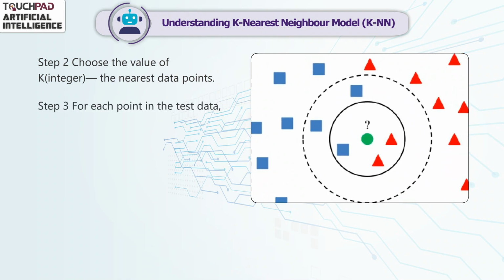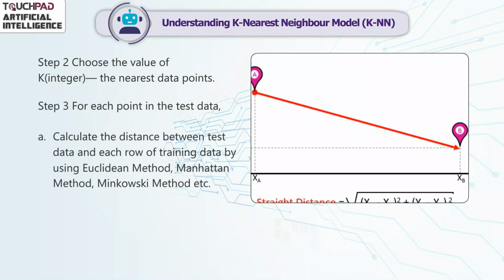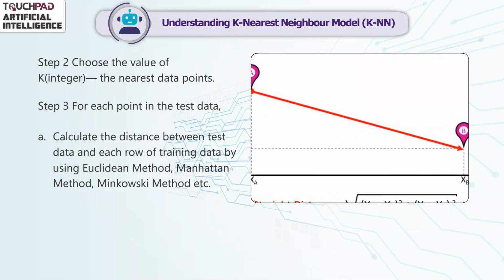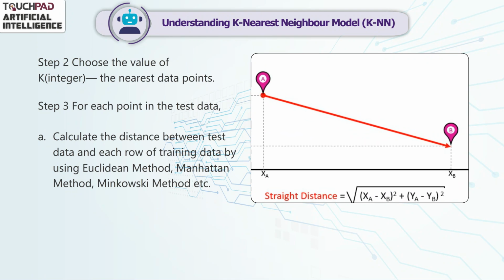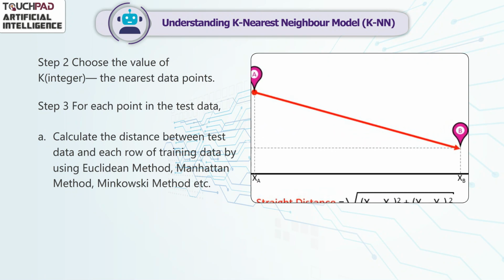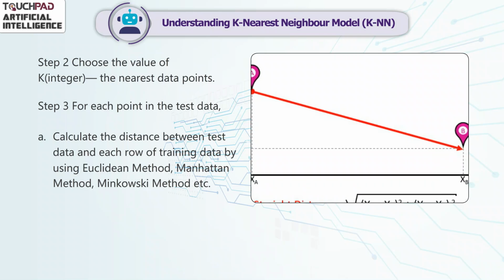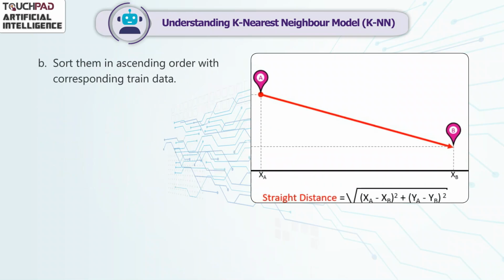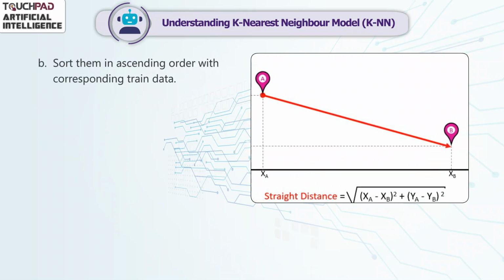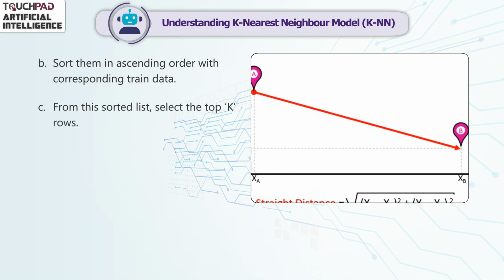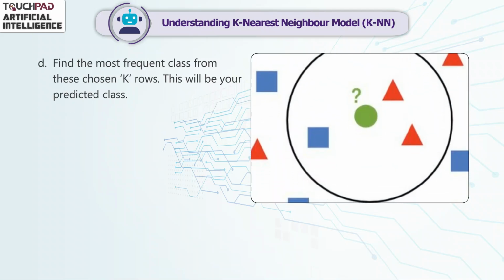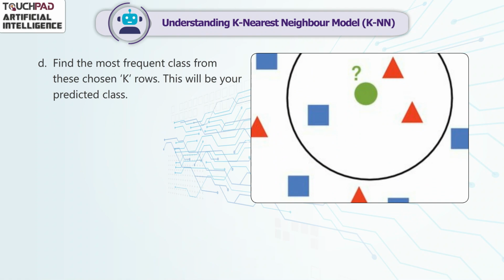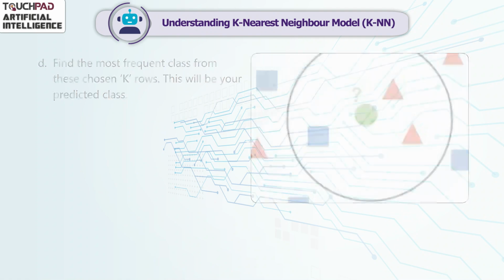For each point in the test data: A. Calculate the distance between test data and each row of training data by using Euclidean method, Manhattan method, Minkowski method, etc. Sort them in ascending order with corresponding training data. From this sorted list, select the top k rows. Find the most frequent class from the chosen k rows. This will be your predicted class.